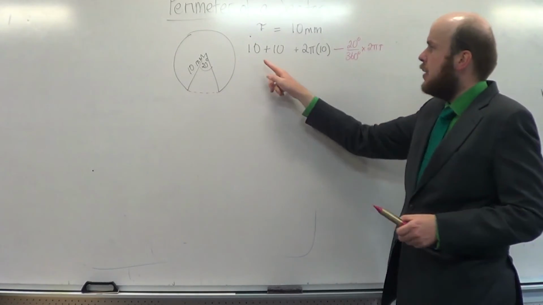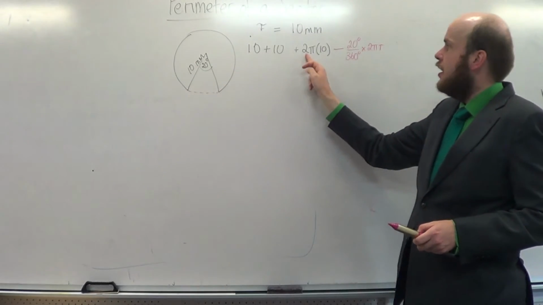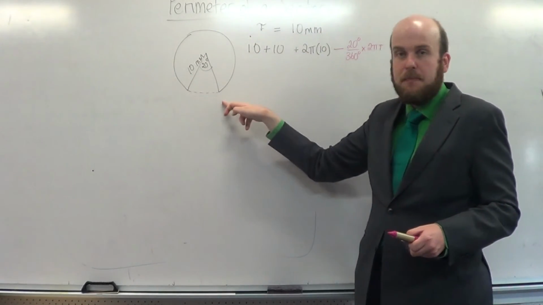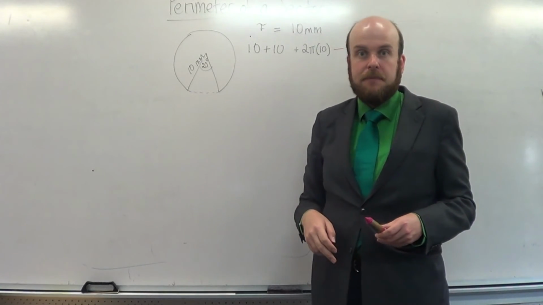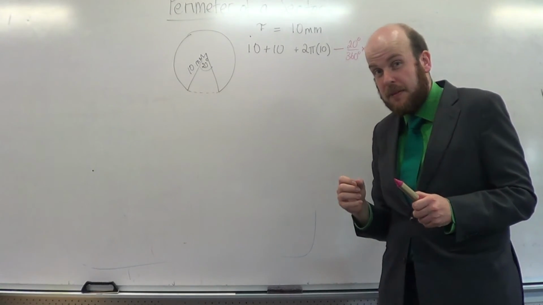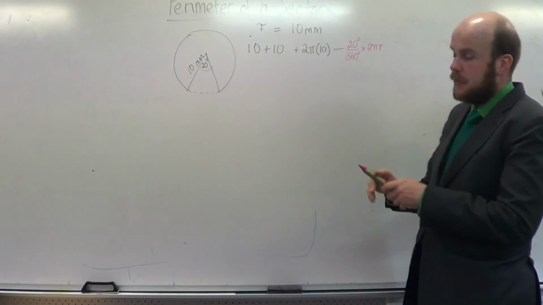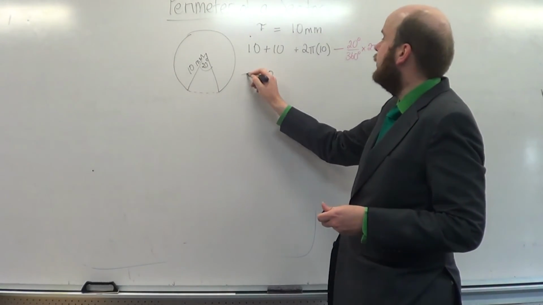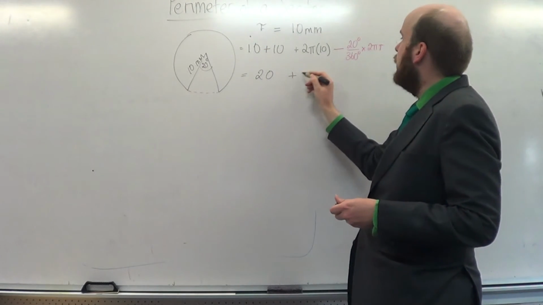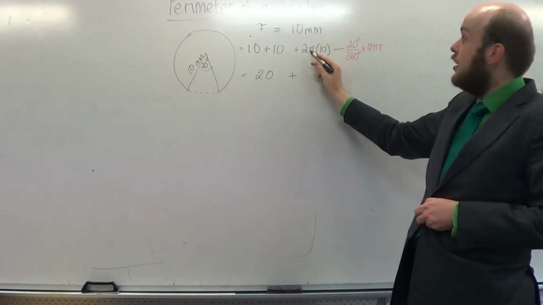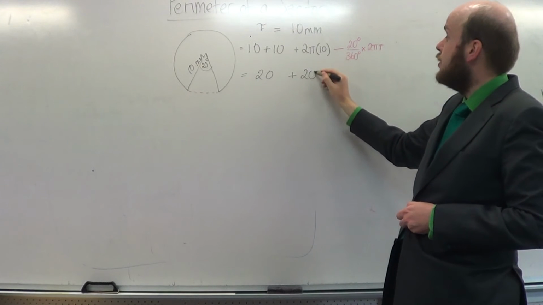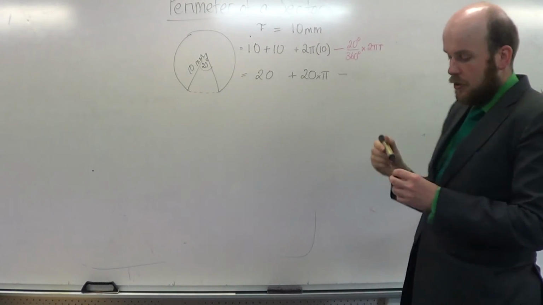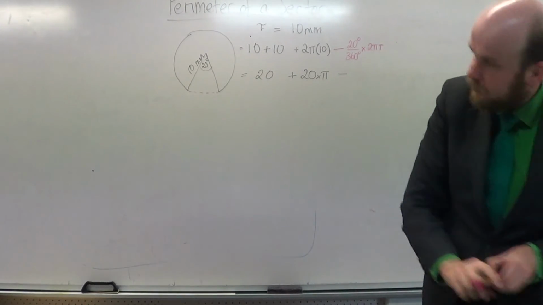So what does this mean? I've added those sides. This means the entire circle, take away the bit that doesn't exist. Hopefully that will make a little bit of sense, but we'll see how this works. So 10 plus 10 is 20, plus 2 times pi times 10, I could do 2 times 10 is 20, so it's 20 times pi, minus, so we can do some simplification here.